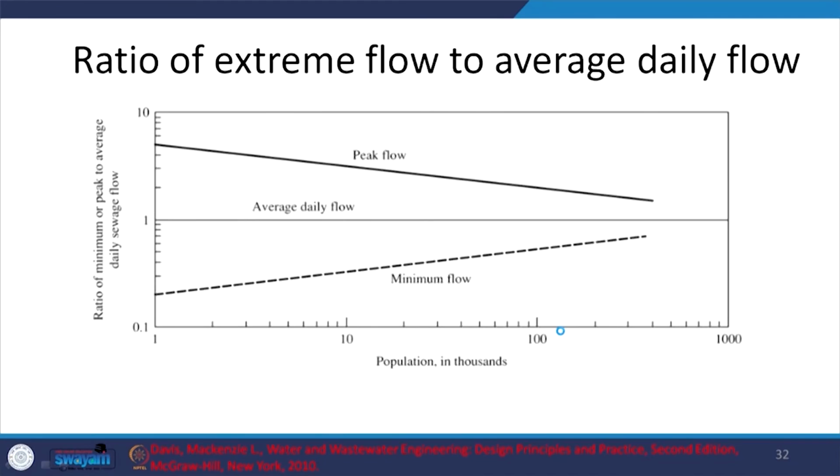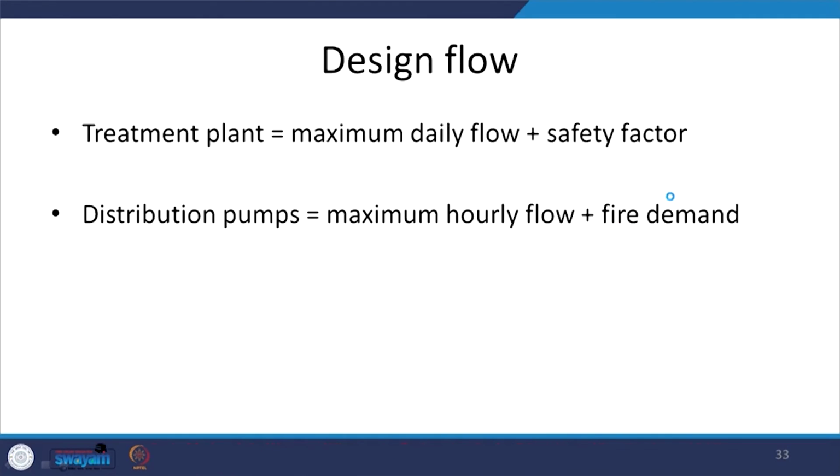One aspect, as we also looked at earlier in the case of the CPHEEO or other reference data, is that as the population increases, the variability will decrease. As you can see, the variability evens out. So that's something to keep in mind. And for the design flow at the water treatment plant, what is it that we look for?